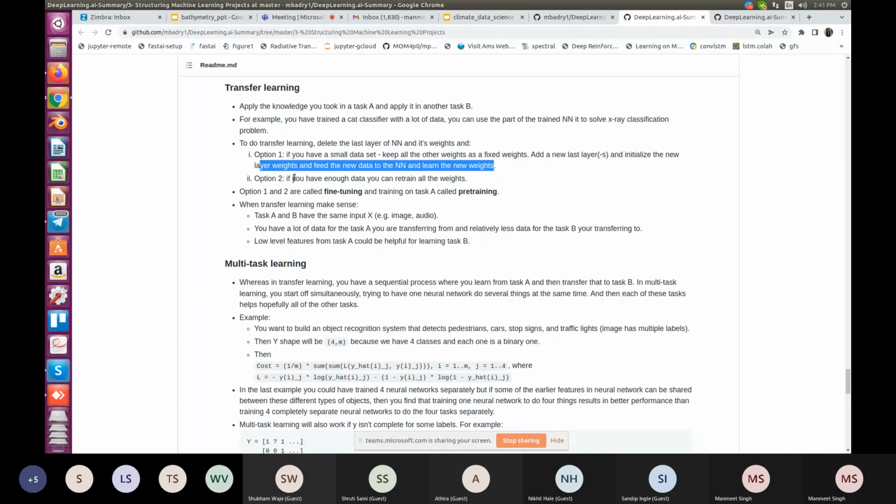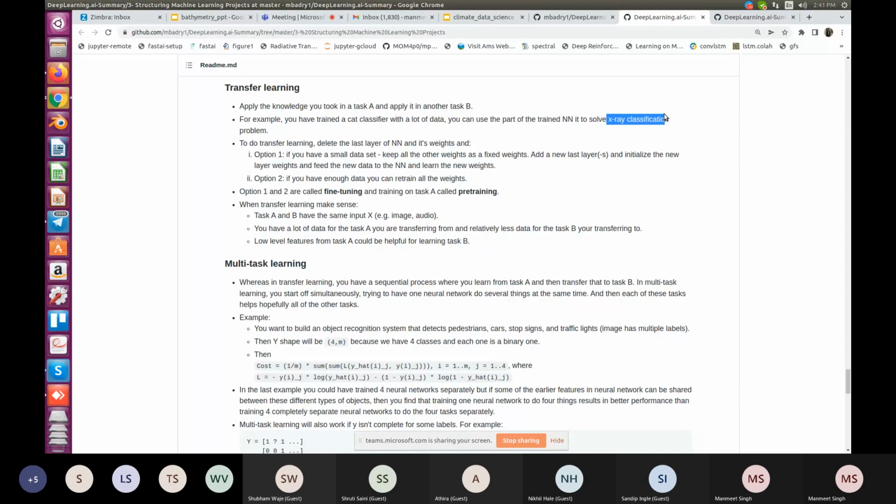Option two is, if you have enough data, you can retrain all the weights. Some problems are such that you don't have enough training data. For example, X-ray data is an example of a medical data set. If you get maybe 100 X-rays, you don't have the room to train all the weights.